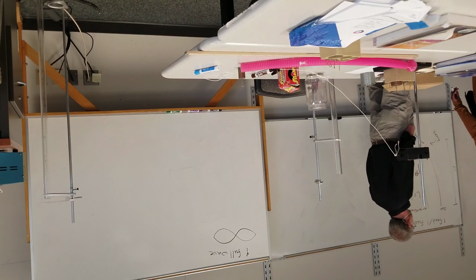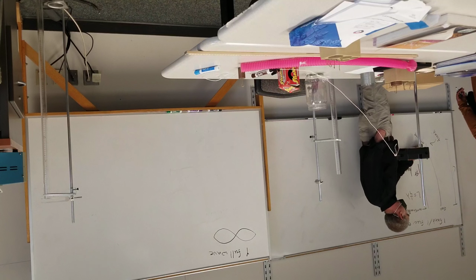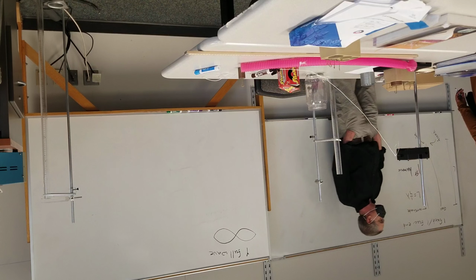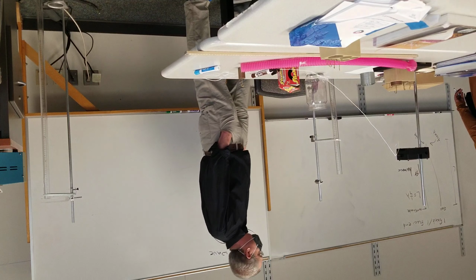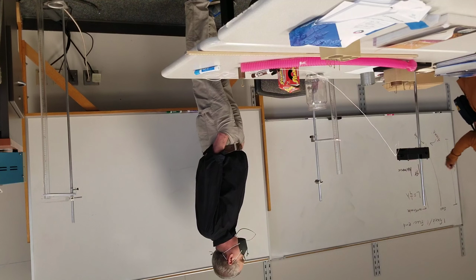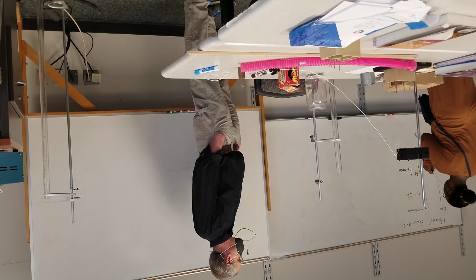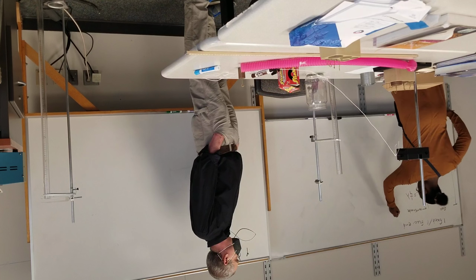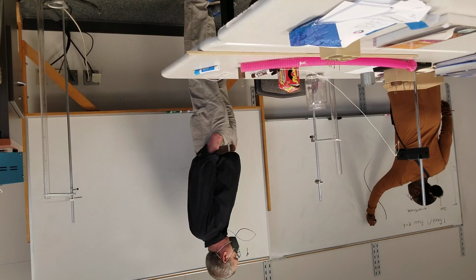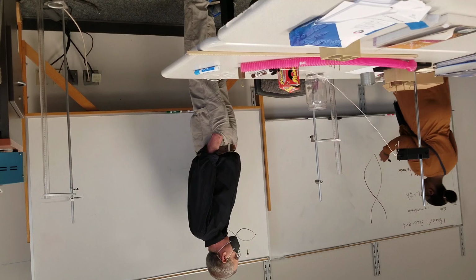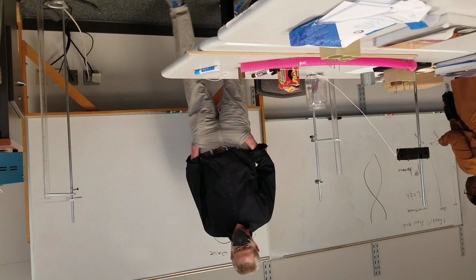The first harmonic is the simplest pattern I can have, where I've got one fixed and one free end. Okay. So would that look something like that? So you're doing the next harmonic. Yes, it would.